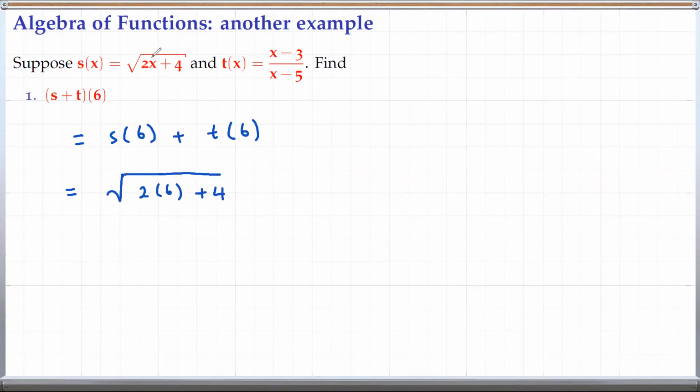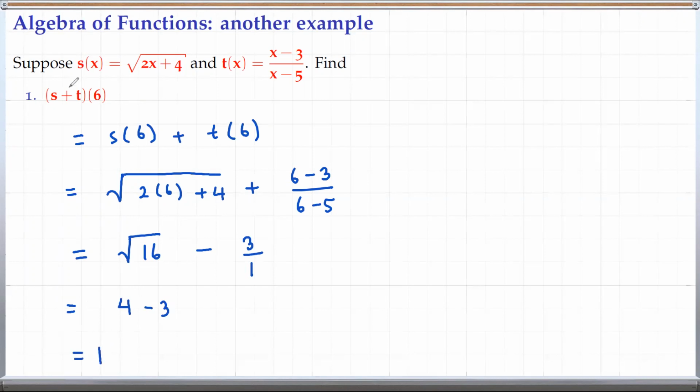We just need to plug in the value of x for this function s, plus t at 6 will be 6 minus 3 over 6 minus 5. So this becomes 2 times 6 is 12 plus 4 is 16, minus 3 over 1. So this is 4 minus 3, which is 1. So the sum of these two functions, s and t, at 6 is 1.